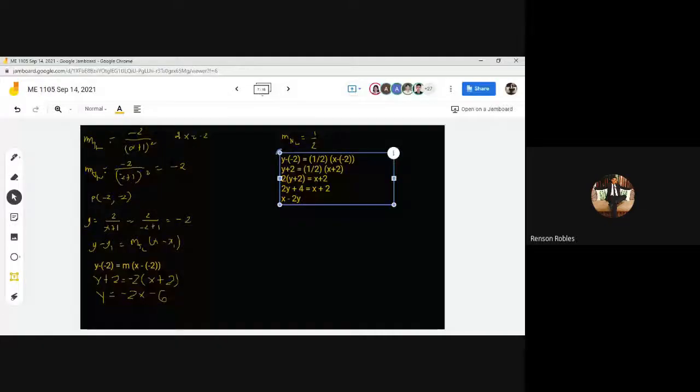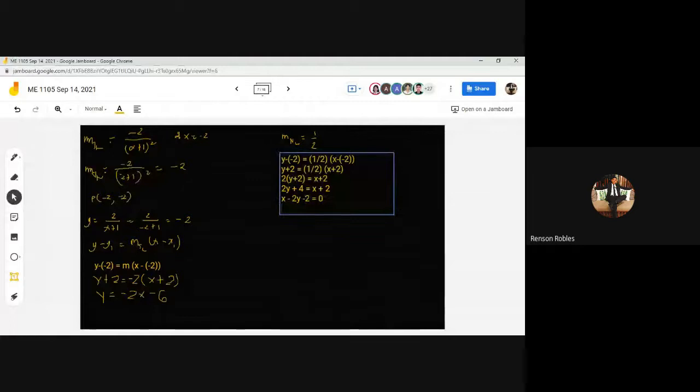So, you have x minus 2y. Then, plus 4. Then, plus 2 will become minus 4. Alin bang tinatapon ko? Itong 2y plus 4. Ito yung itinatapon ko ha. Yung 2y plus 4, itatapon ko sa kanan. So, magiging minus 4 plus 2. So, minus 2 equals 0.